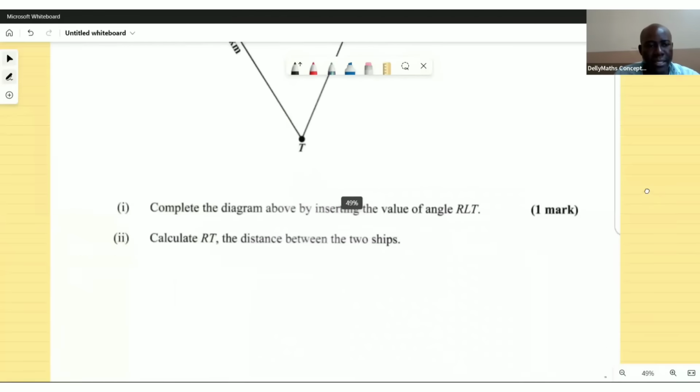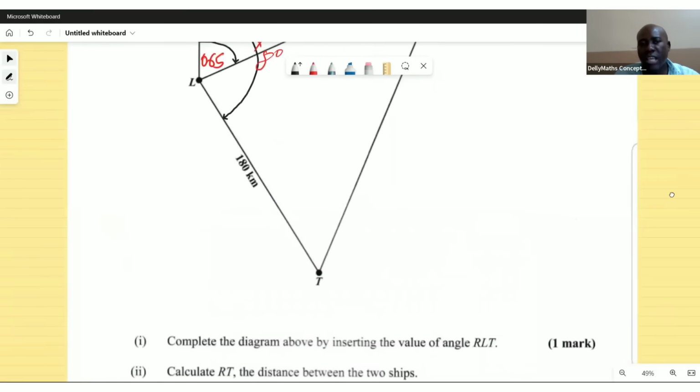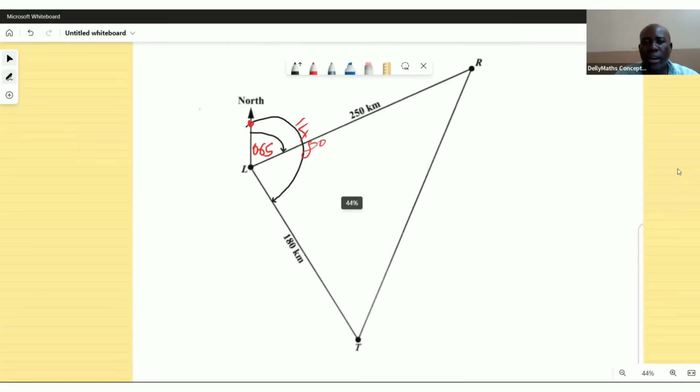First question, it says complete the diagram above by inserting RLT. So let us look where is RLT. If I should shade, it's just right here. Nothing else outside of that.